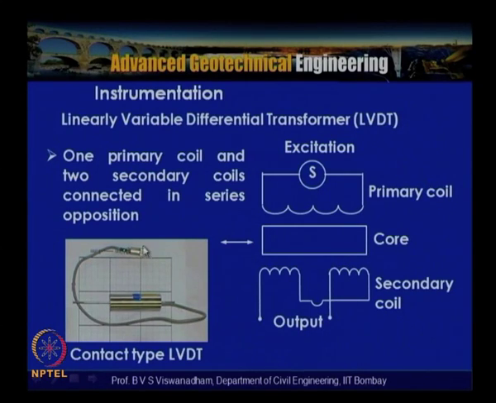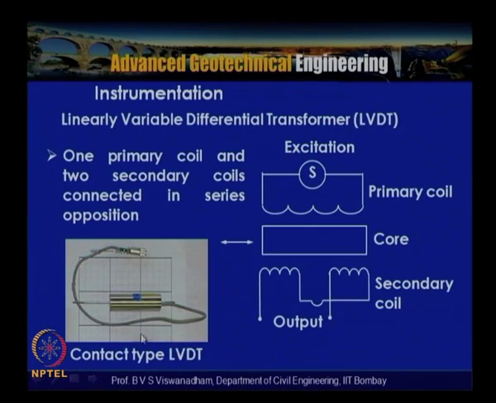This is a typical photograph of an LVDT, which is a contact type. This is the casing, and this is called the core, and to reduce the stresses, small pads are attached to it, so that the stresses on the soil will be reduced and they will not pierce into the soil.